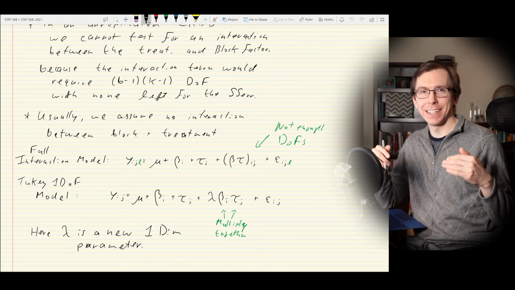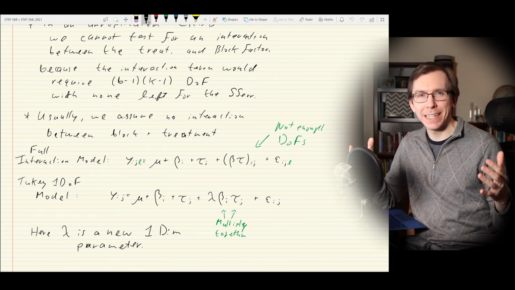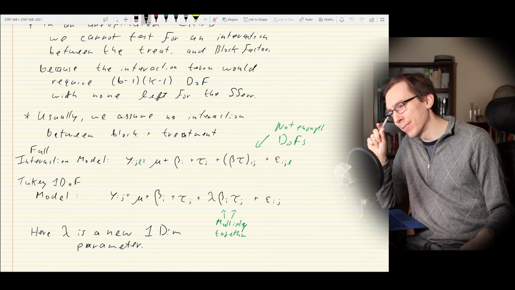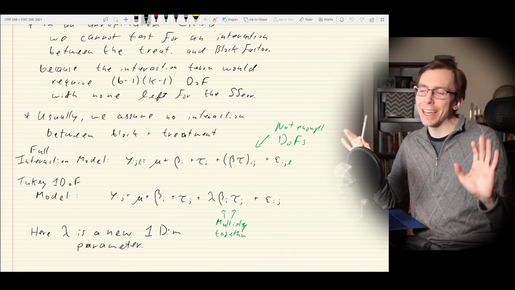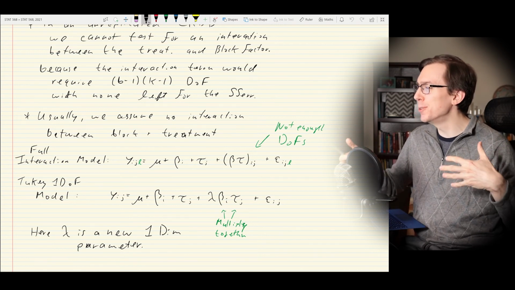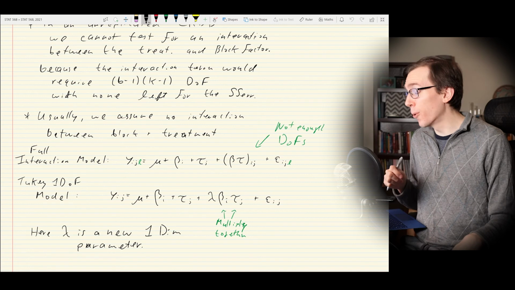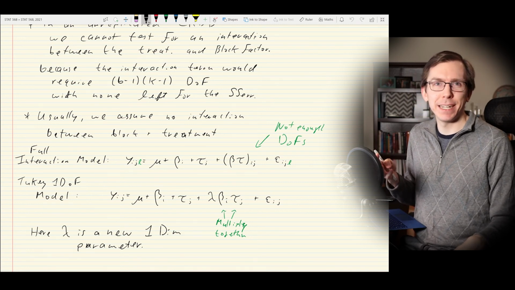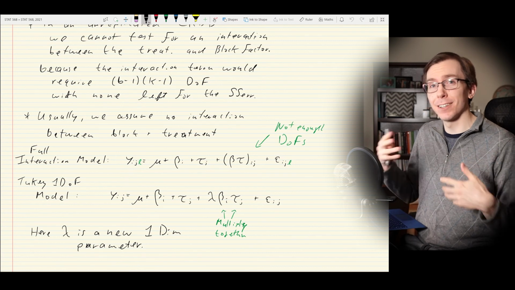So this is kind of like a quick test you can do to say, I really don't want to replicate my experiment, but I don't know if there's an interaction there. So you can use Tukey's 1 degree of freedom to say, okay, I didn't see anything too significant there, so we're just not going to replicate. Or, something actually is happening here between my block factor and my treatment factor. I better replicate to learn more about it.